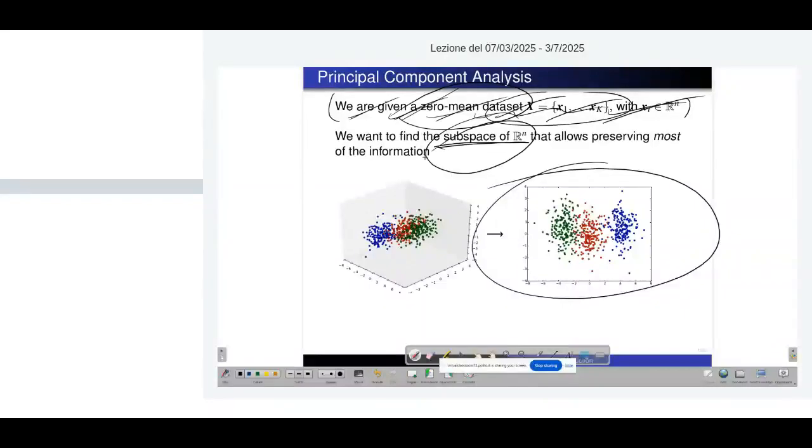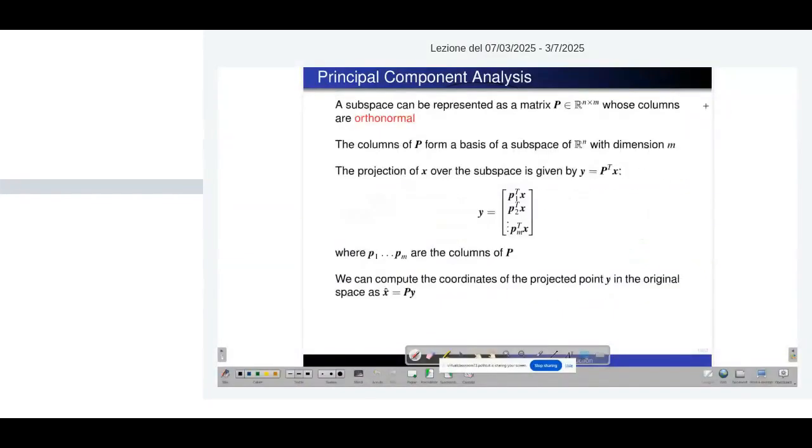We will see at the end of the lecture that finding a generic surface will correspond to finding a subspace over a centered version of our data. So for this reason here, we were assuming a zero mean dataset, because in the end, if the dataset is non-zero mean, we will still transform it so that it becomes zero mean. But to be precise, for what we develop now, we don't need to make this distinction yet.